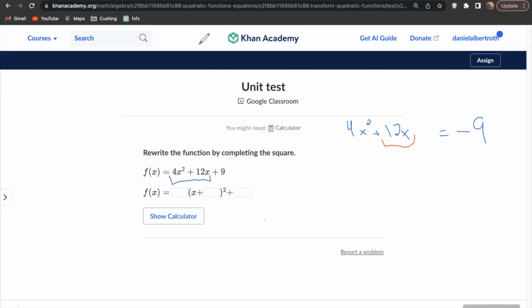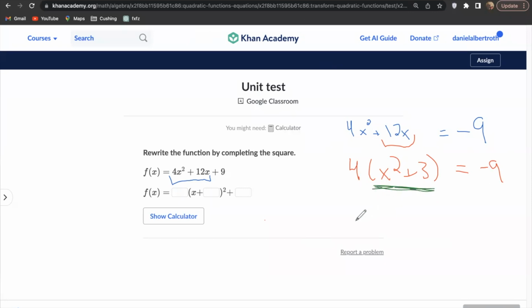I'm going to pull out the 4. So I'm going to make this 4 times x squared plus 3x, equals negative 9. So where I'm going to go from here is I'm going to complete the square within the parentheses.